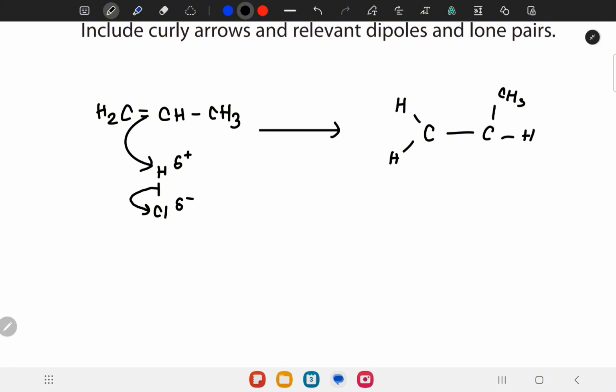The hydrogen will join the carbon which has the most hydrogens already. So this carbon over here, this carbon already had 2 hydrogens while this carbon had 1. So this was 2, this was 1. The hydrogen for the major product will join the carbon that has more hydrogens attached to it beforehand, and this will form a carbocation.